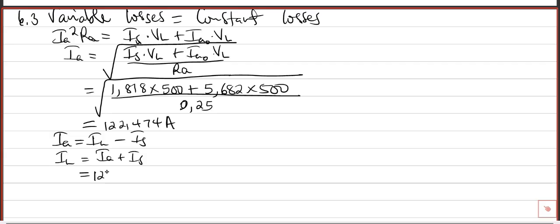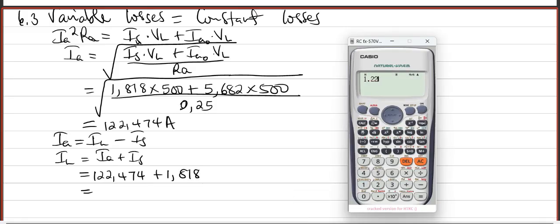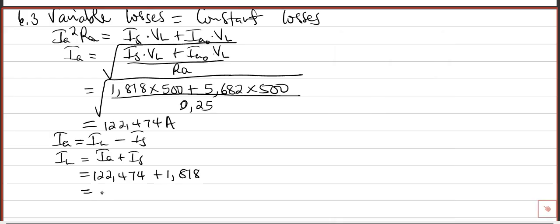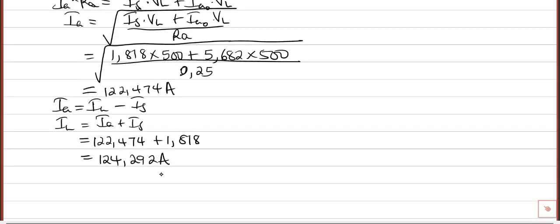So you're saying 122,474 plus 1,818. We have 124,292 amps. And from here you have your options.